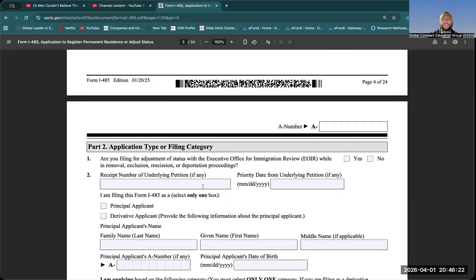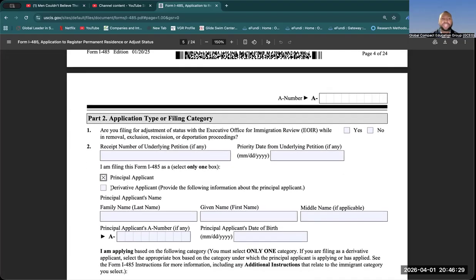So here, if you're the principal applicant, you complete there. If you're a derivative, which means if your partner applied for the I-140, you will be the derivative.